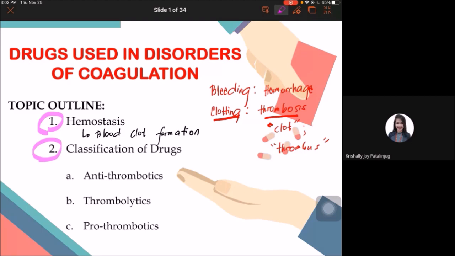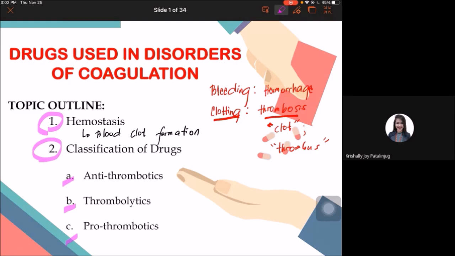In pharmacology, drugs for coagulation disorder are usually classified into three groups. These are the following: we have antithrombotics, next we have thrombolytics, and then the prothrombotics. We will be discussing these three after the physiology on hemostasis.